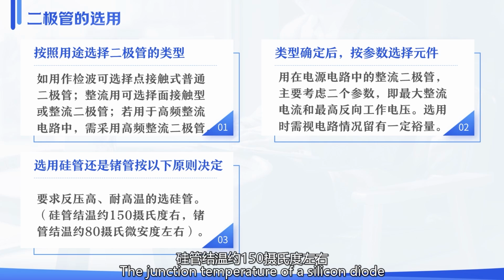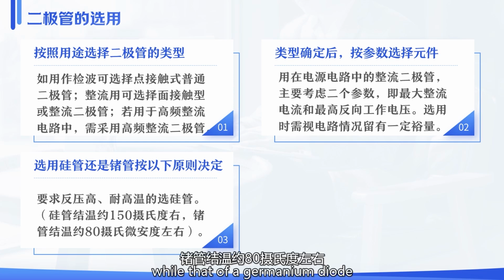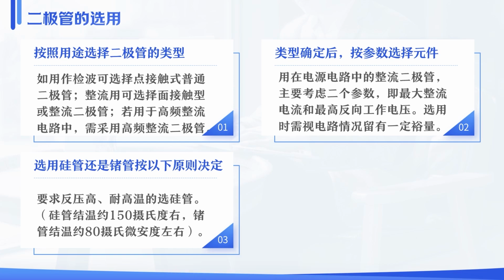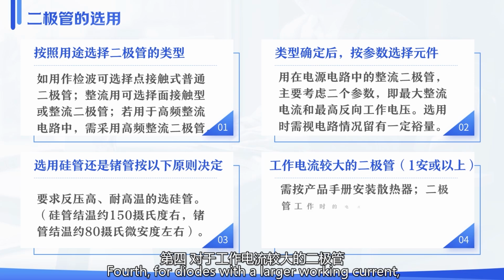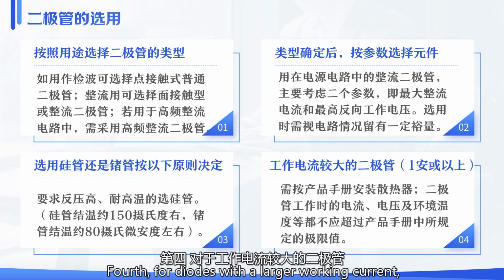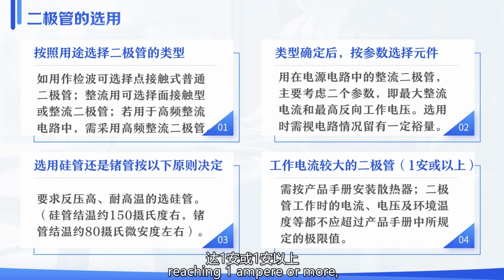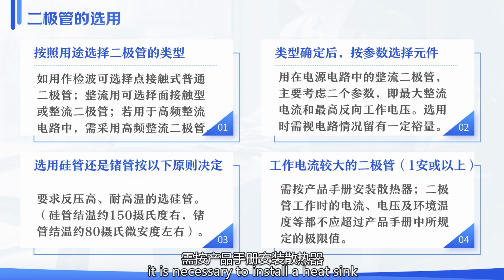The junction temperature of a silicon diode is about 150 degrees Celsius, while that of a germanium diode is about 80 degrees Celsius. Fourth, for diodes with a larger working current, reaching 1 ampere or more, it is necessary to install a heat sink according to the product manual.